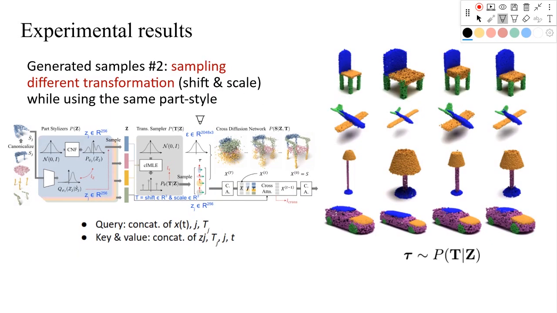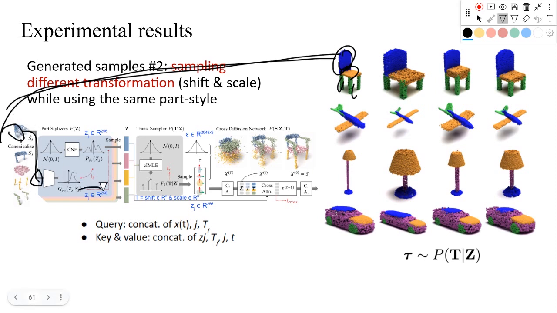And then next, we can also generate the transformation. In this case, if we want to generate the transformation, we use the same style. Here we compute the corresponding latent variable, and also on the seat here we compute the corresponding latent variable.